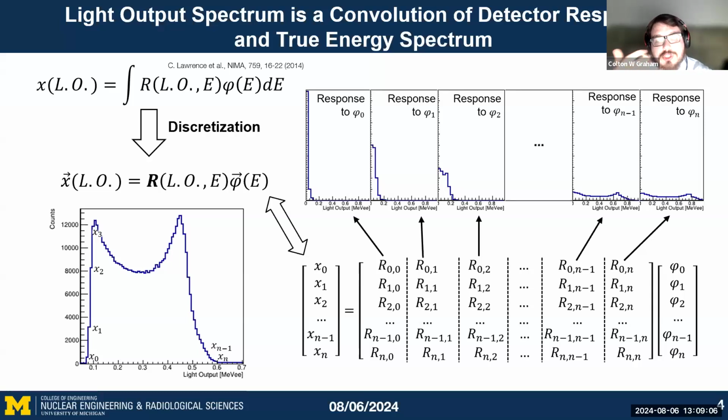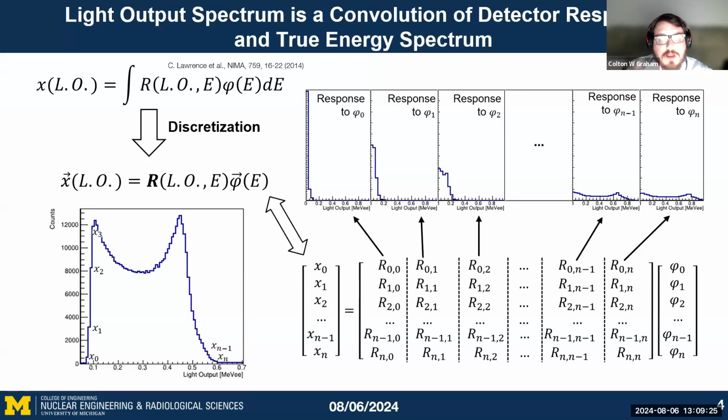Now, in order to solve for the true gamma ray energy spectrum from the response matrix and the measured light output spectrum, you might think to just directly invert this matrix equation, but this will give you a really poor result, because what you measure is not the true light output spectrum. What you measure is a histogram, which has bins.